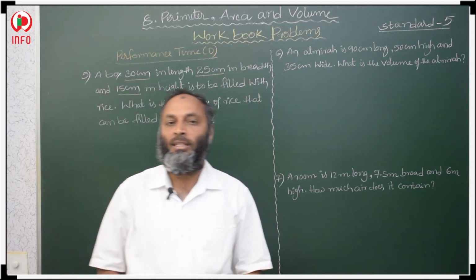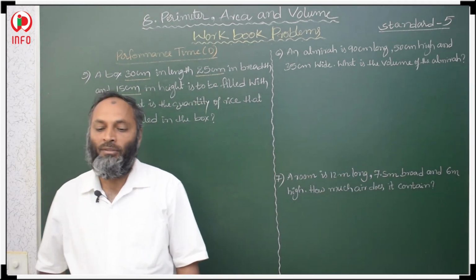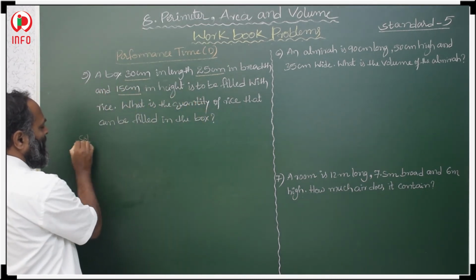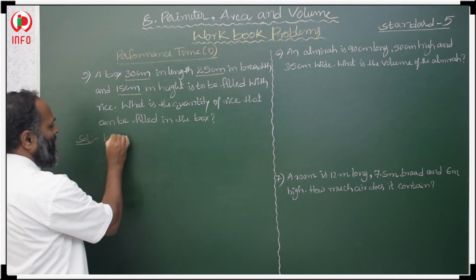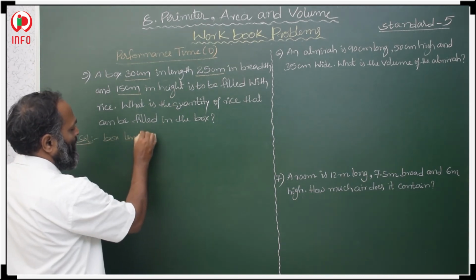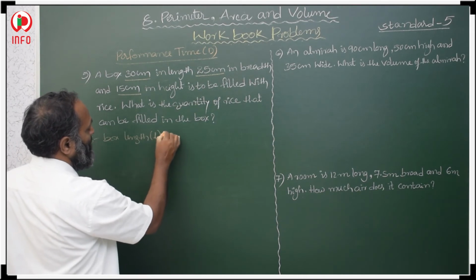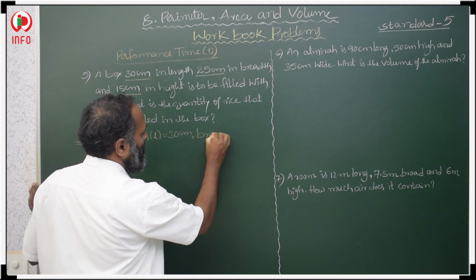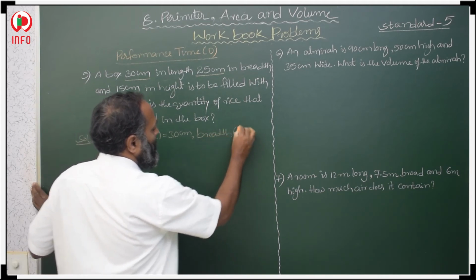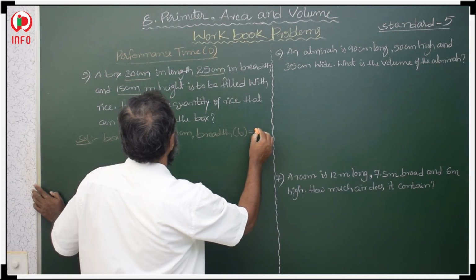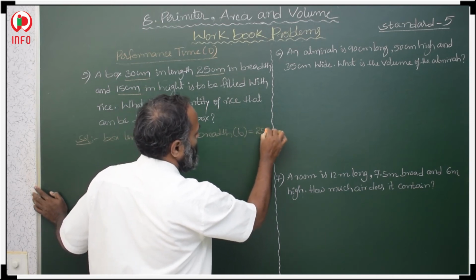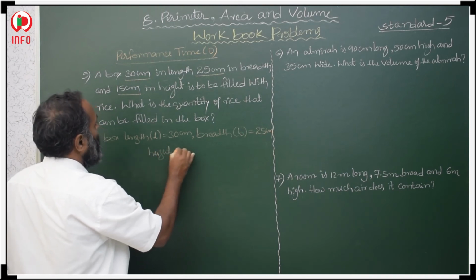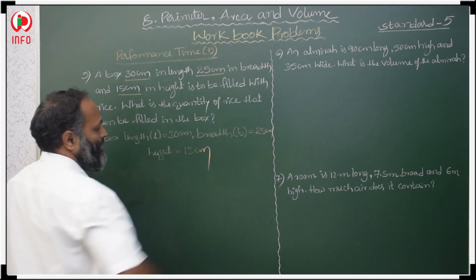Length is given, breadth is given and height is given. So we have to find volume. So then box length L is equal to 30 centimeters, breadth B is equal to 25 centimeters, height is equal to 15 centimeters.